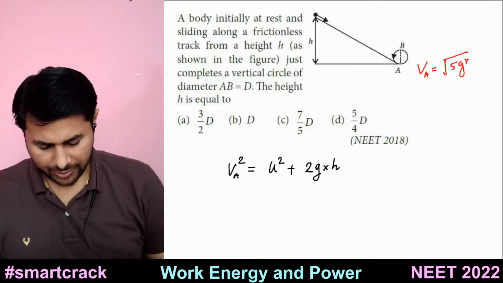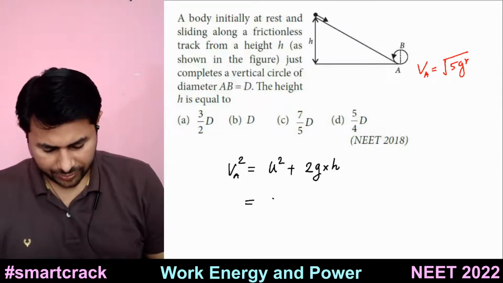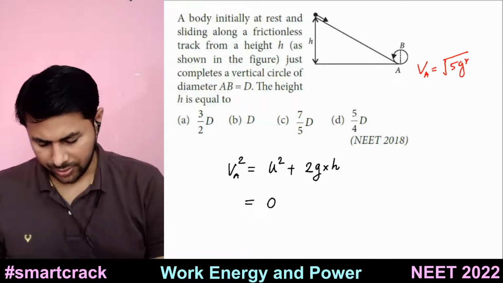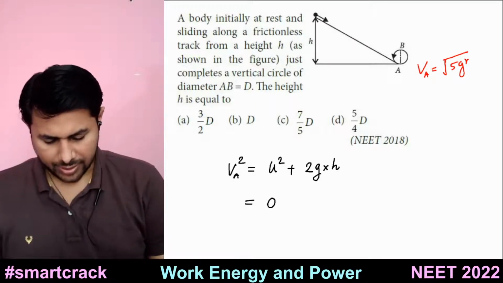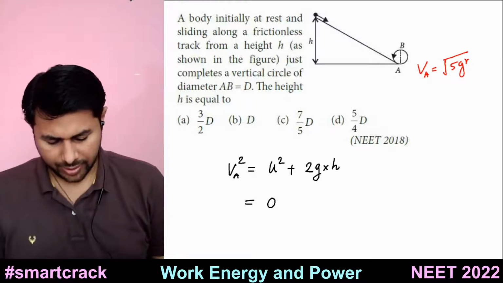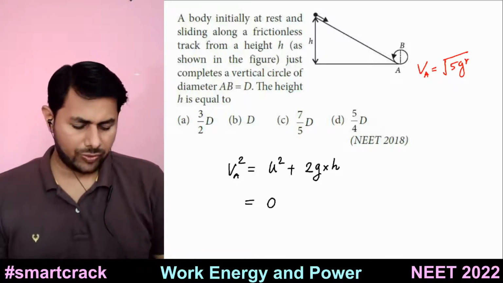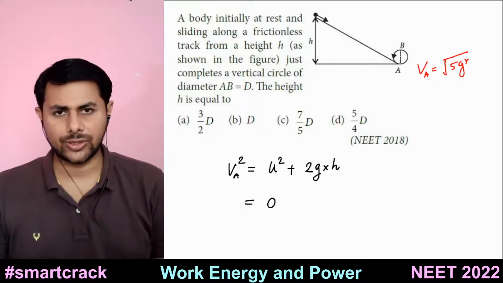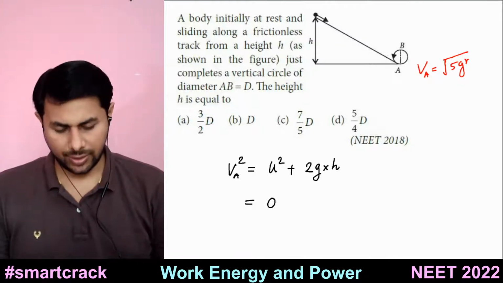All right, so Va square, it is released with 0 speed. So this first term is 0, and for Va square, we want the minimum. Va equals the square root of 5gr so that it will perform the vertical circular motion over here.